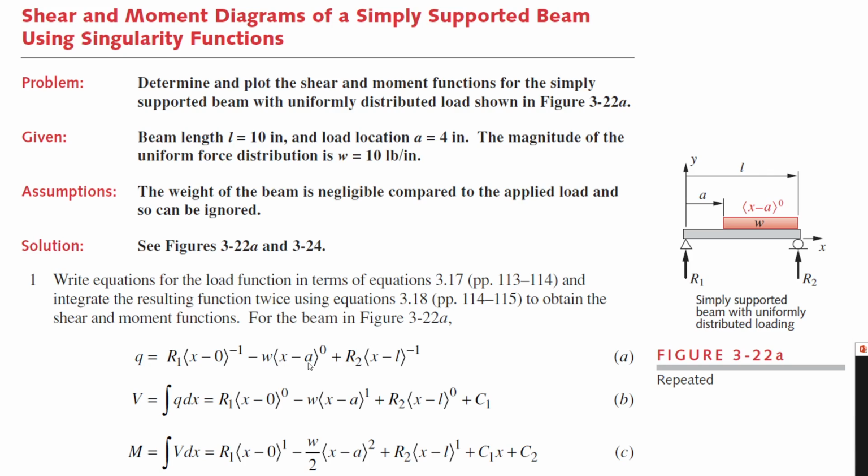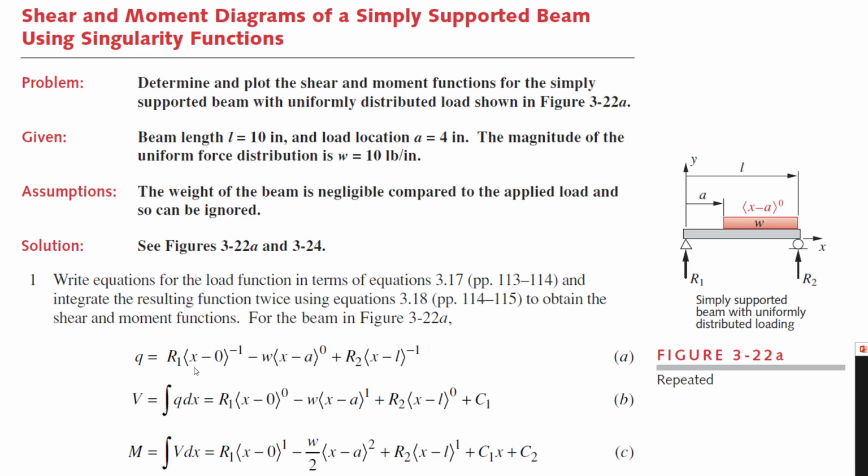In this case, a does change because we have this load that starts here at a and goes to the end, so we put that as x minus a. And for the other reaction force, we put x minus L, because it's only defined at L. These singularity functions are very, very powerful, because then we can just integrate these.